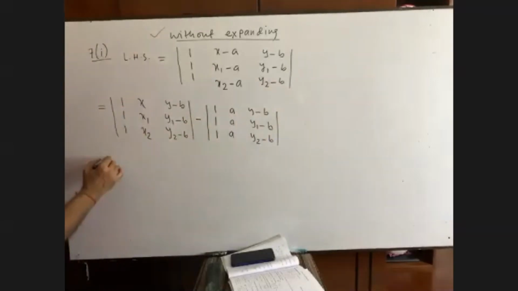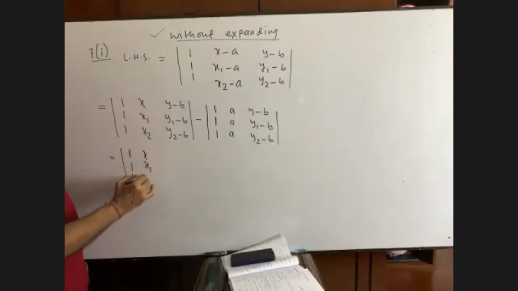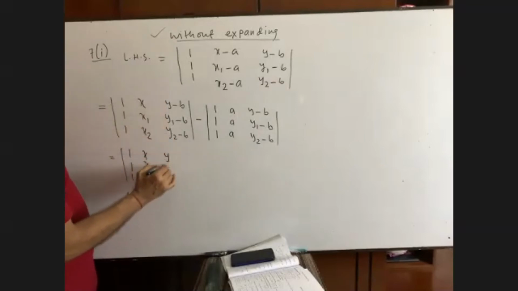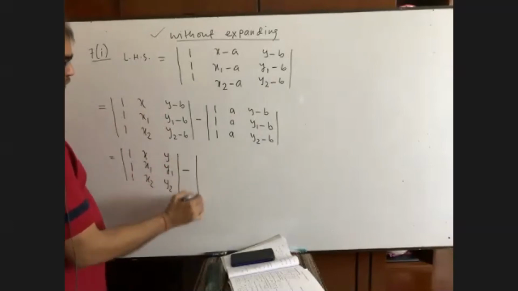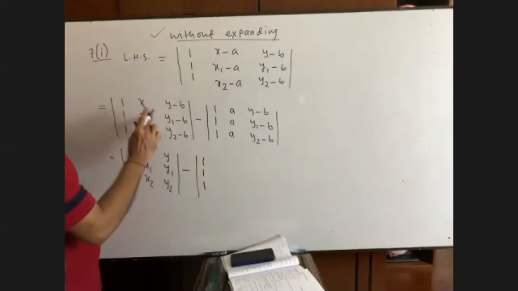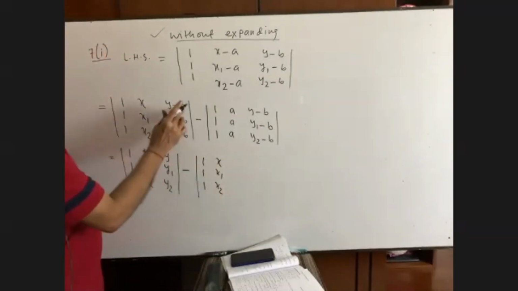Now you see this part, the first part: 1, 1, 1, x, x1, x2, then y, y1, y2, y, y1, y2. Minus 1, 1, 1, 1, 1, 1, x, x1, x2, x, x1, x2, b, b, b.